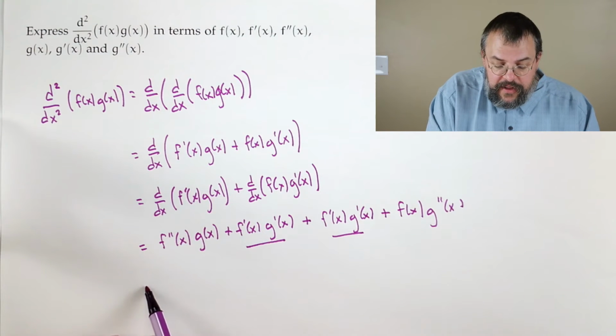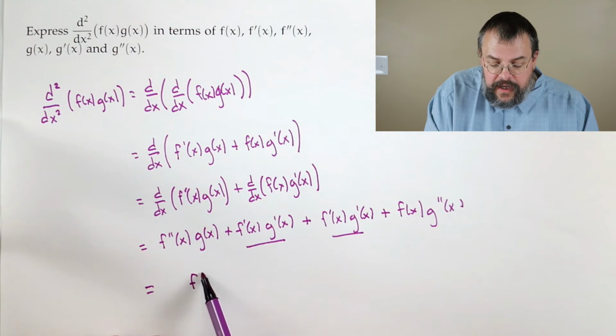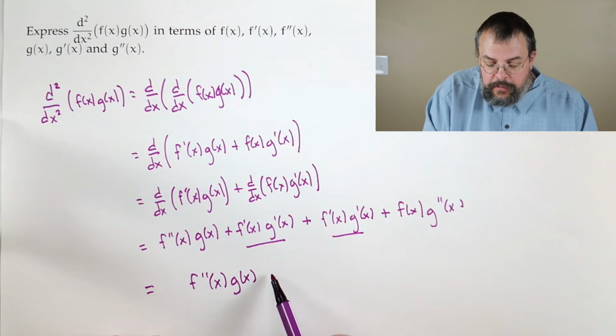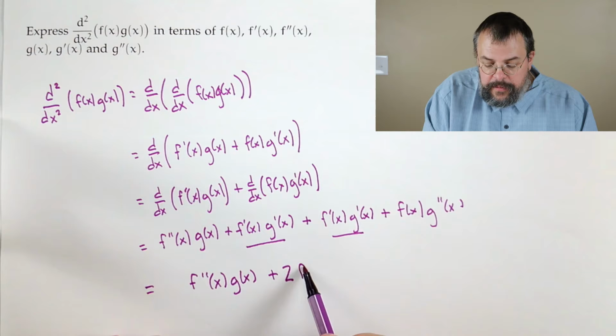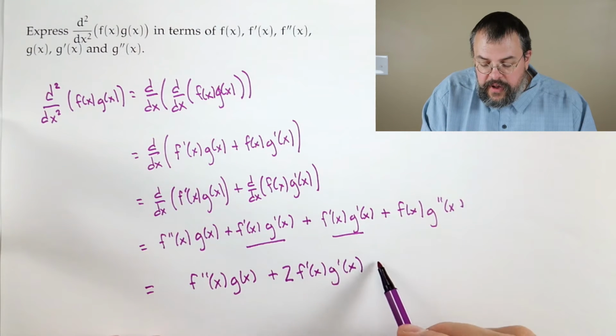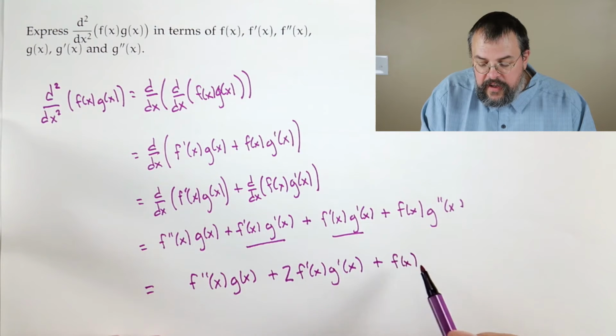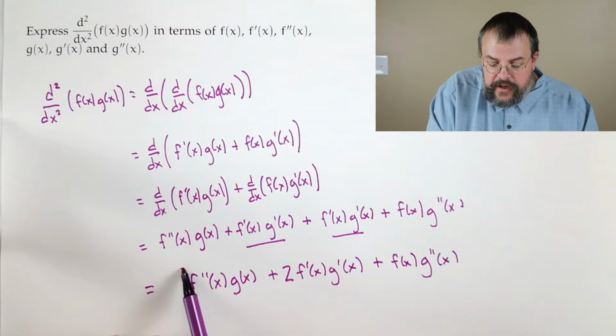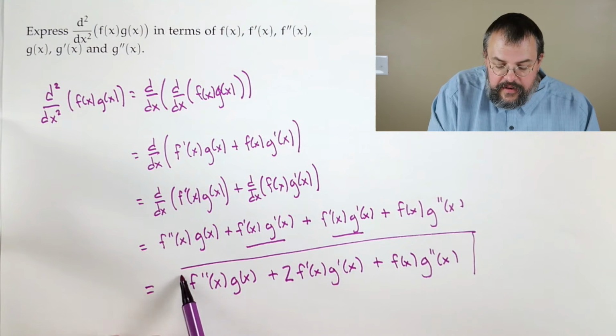So we can put them together. So we end up with f double prime of x times g of x plus 2 times f prime of x times g prime of x plus f of x times g double prime of x. And there you go. That's the answer.